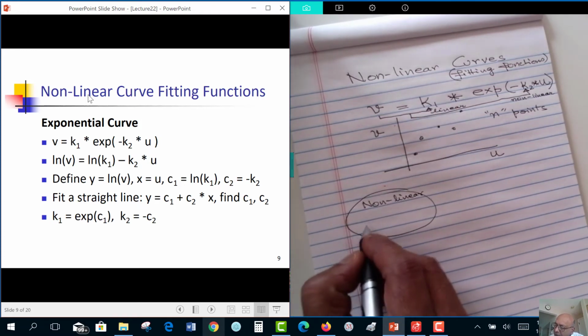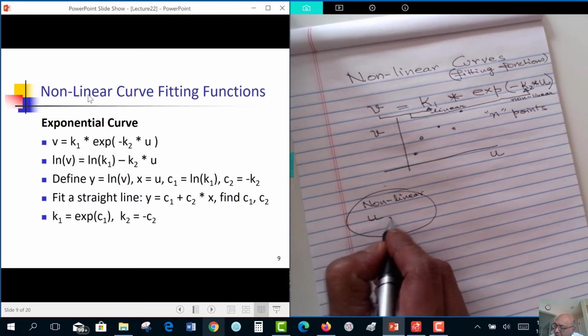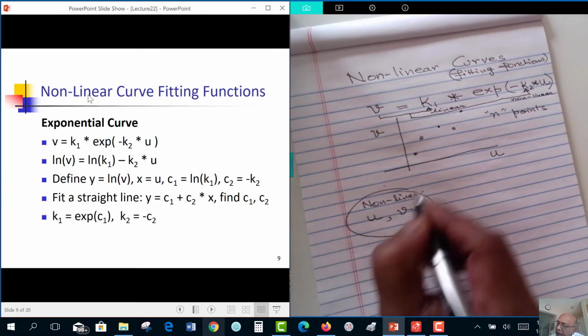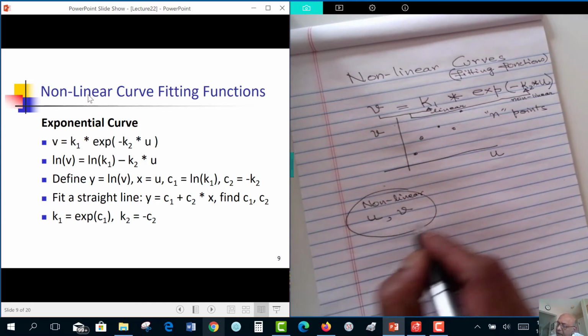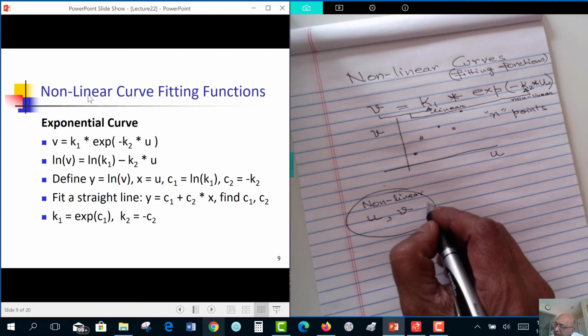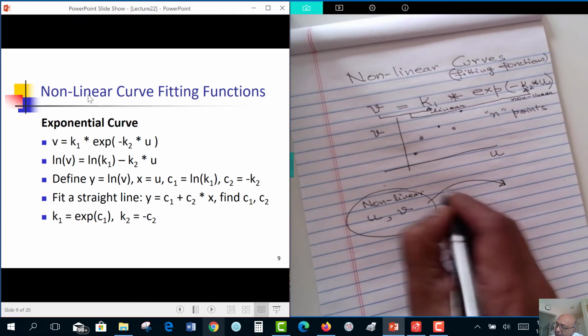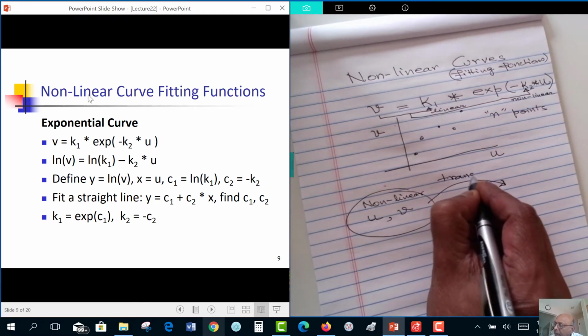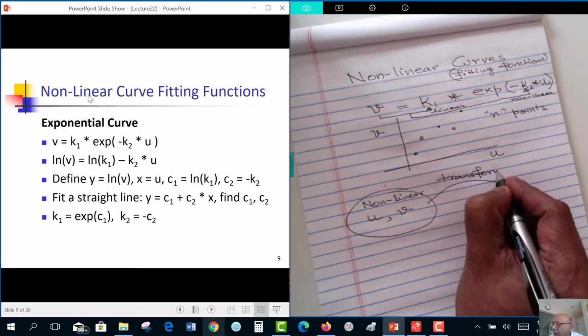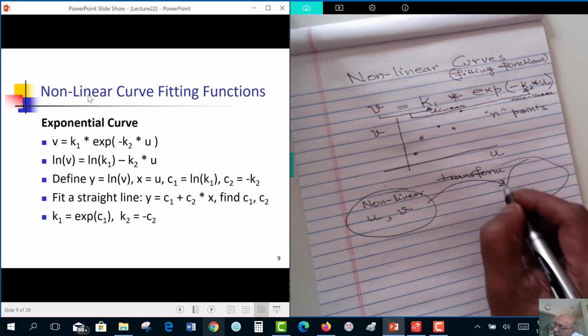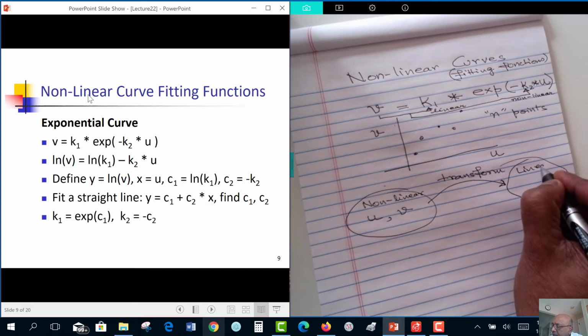In this nonlinear world, our problem is that u, v is given, our fitting function is given. So what we are going to do is transform this into a linear world.